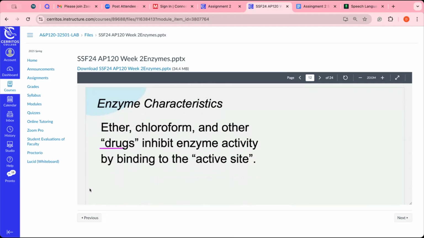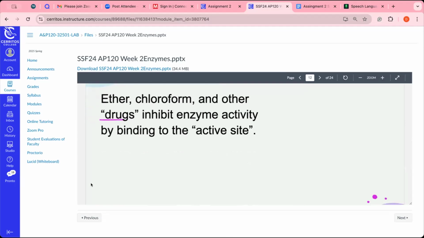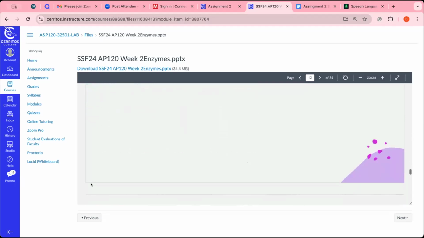So these elements bind to the active site so that the enzyme can't act in the reaction because it can't bind to the active site. So it's not able to bring the substrates together. They inhibit enzyme activity by doing that.